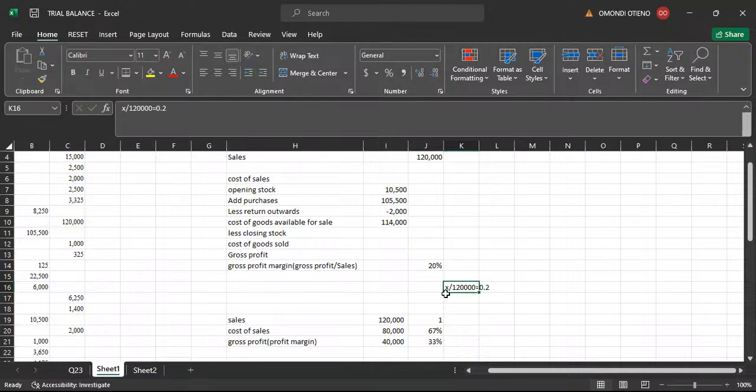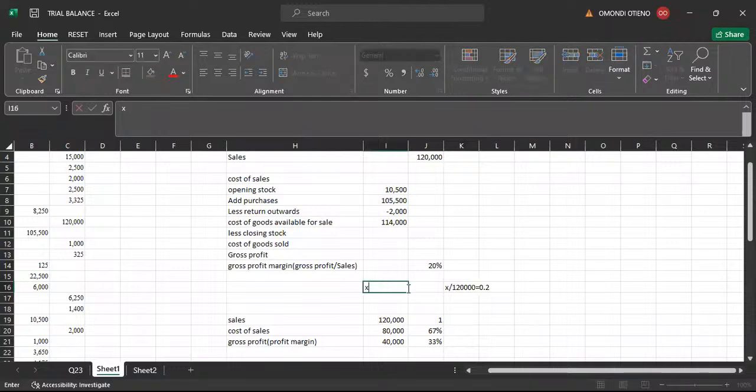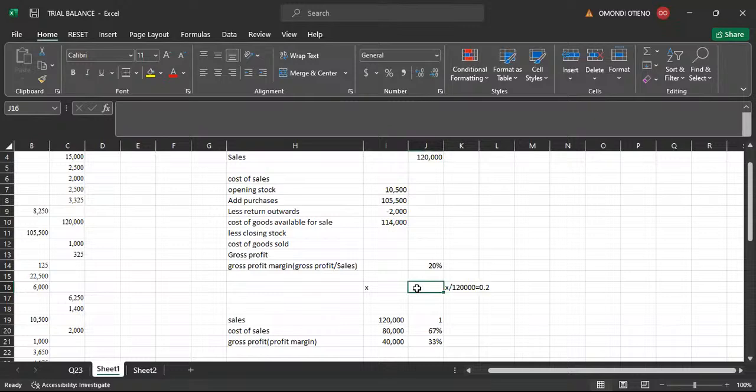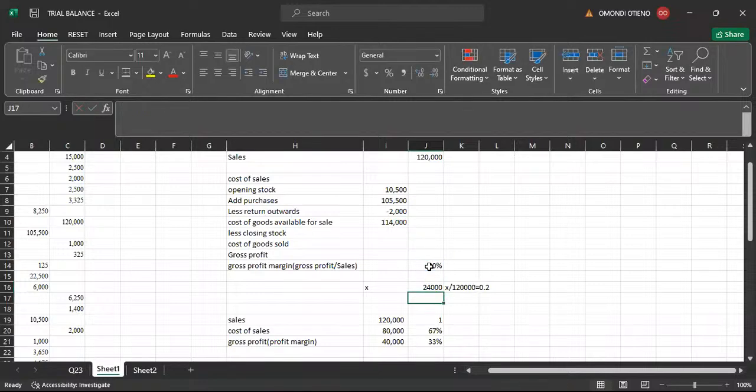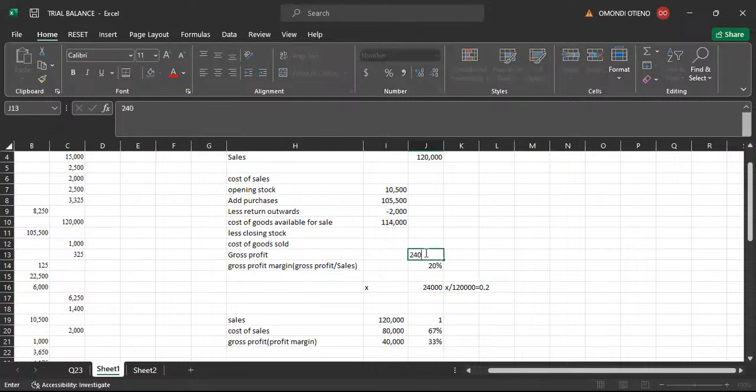I'm going to multiply both sides by 120,000. Therefore, my X will be equal to 120,000 times 0.2. And that 0.2 is this 20%. So what am I having as X? 24,000. What was this X? It was the gross profit. So I come to the gross profit section here and put my 24,000.